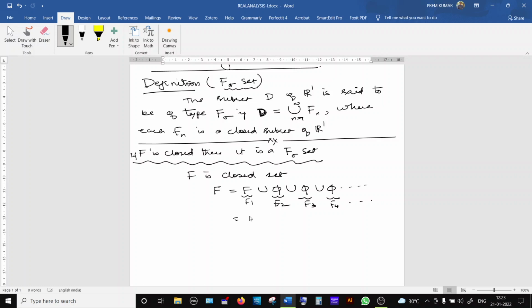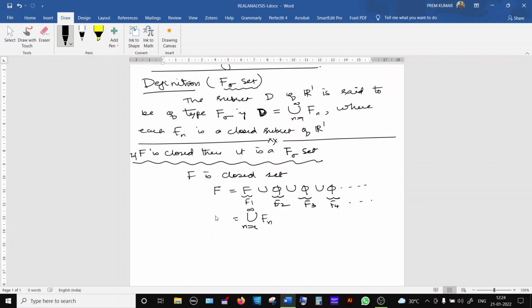So this can be written as the union of Fn. Already we proved that in a given space, here the metric space R, the full space and the empty set are always open as well as closed. So F2, F3, F4 are all empty sets and closed by default. So F can be written as F union all empty sets. This one I simply denote by F1.